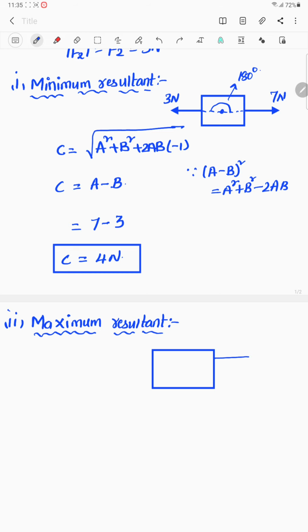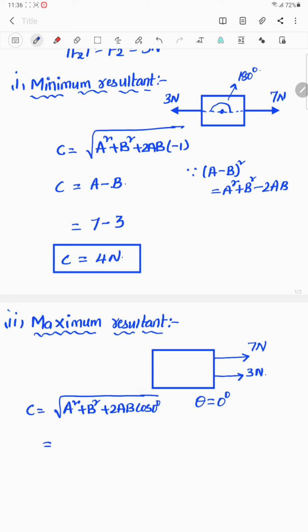There are two forces now acting in the same direction. Let me say this is 7 newtons and this is 3 newtons. The two forces are acting on this particle. The angle between them is 0 degrees because they are parallel to each other. Substituting in the parallelogram law, C is the square root of a square plus b square plus 2ab cos 0 degrees, and we already know cos 0 is 1.